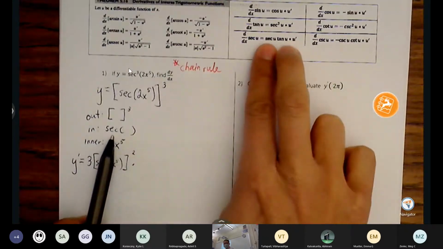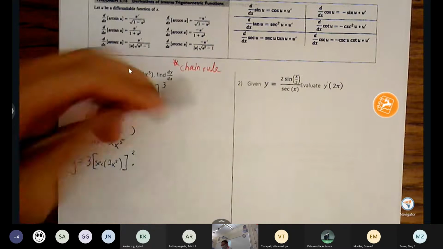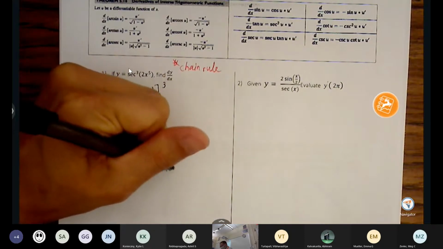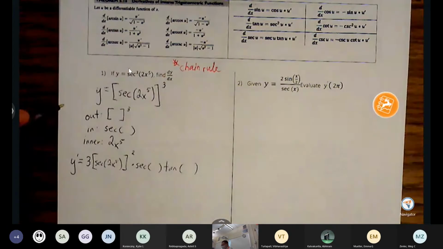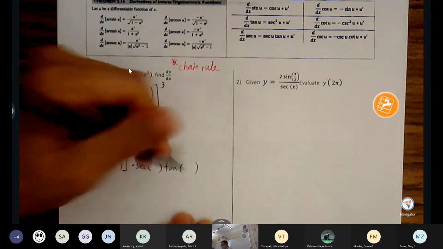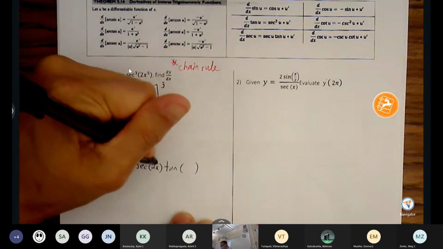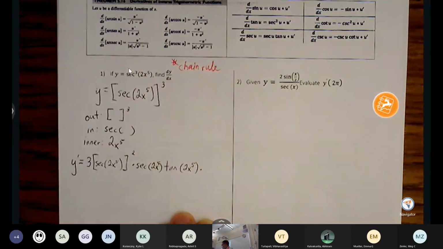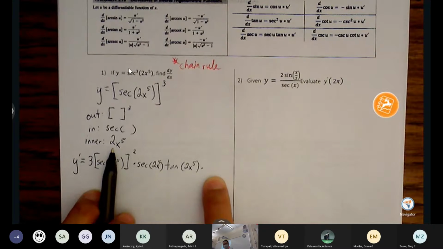Secant's derivative is secant u tangent u. Okay, and what goes inside the parentheses is going to be the 2x to the fifth. And finally, the inner function's derivative.